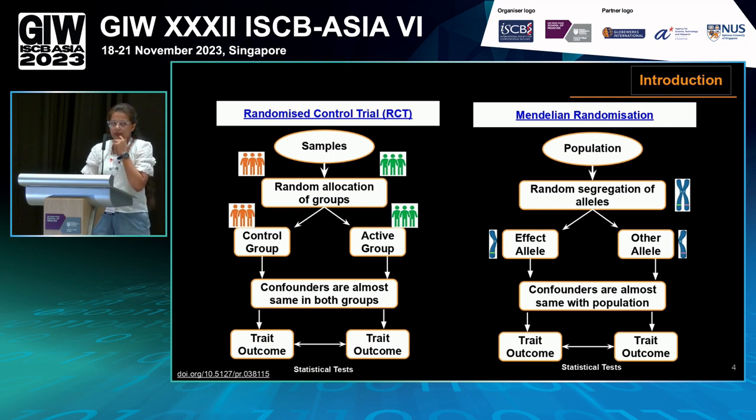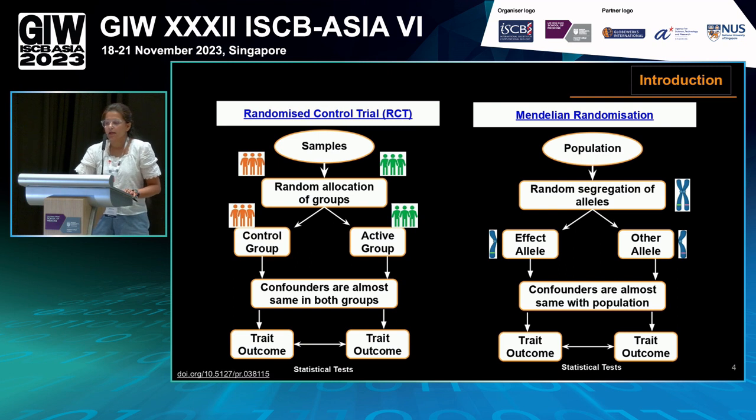There are a few disadvantages of these RCT studies. The first and main one is ethical clearance, because the samples have to be allocated to the active group and given some medicine.